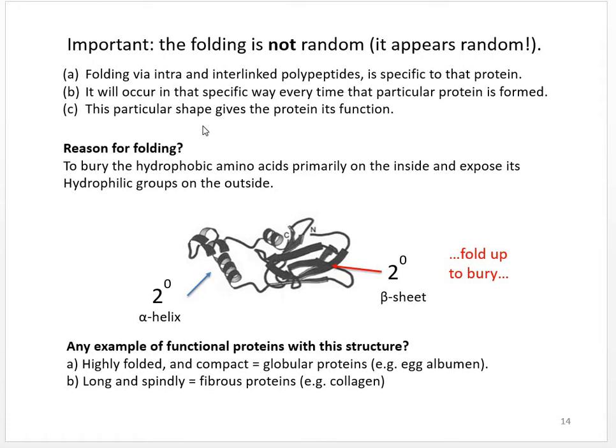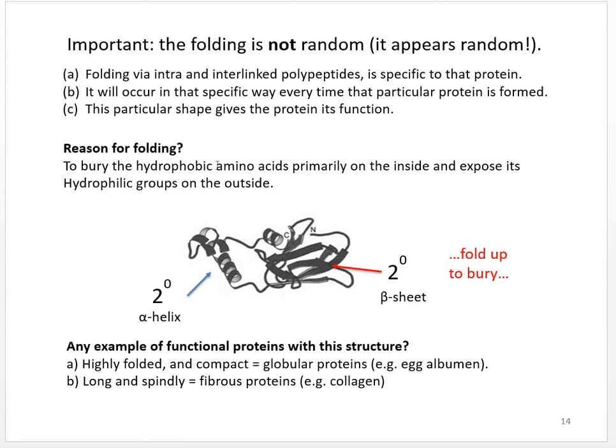It will occur in that specific way every time that particular protein is formed, and this particular shape gives the protein its function. It is important for the protein to form the right shape in order for it to become functional.